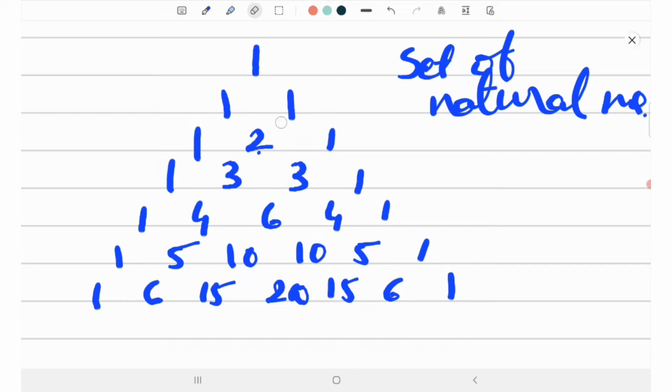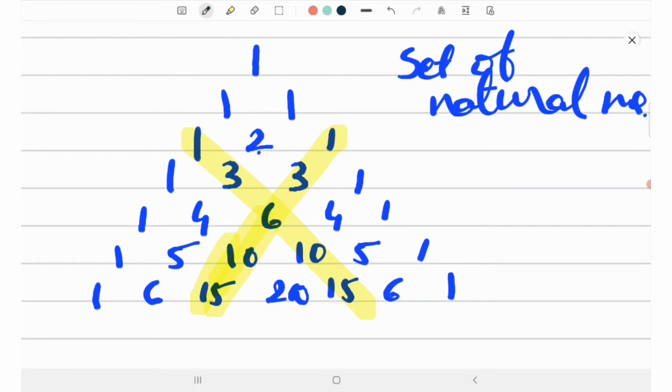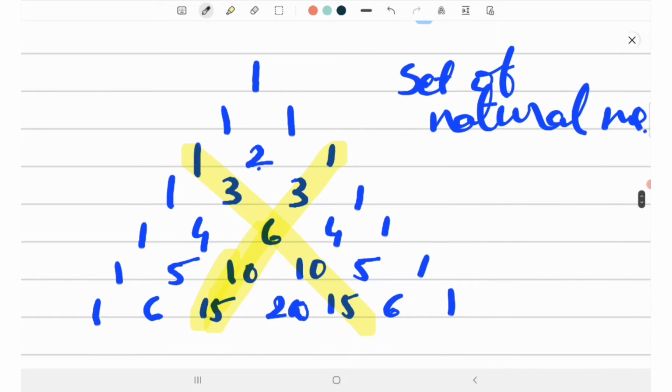All right, what else can you see? If you focus on this diagonal line, it basically shows the numbers that can be arranged in such a way that we can make equilateral triangles. Now what do I mean by that? 1 is not necessarily something we have to discuss, but 3, if we arrange 3 dots this way, we can make an equilateral triangle.